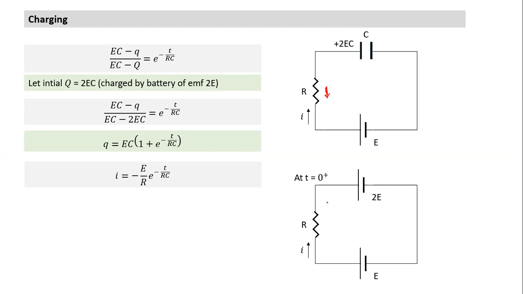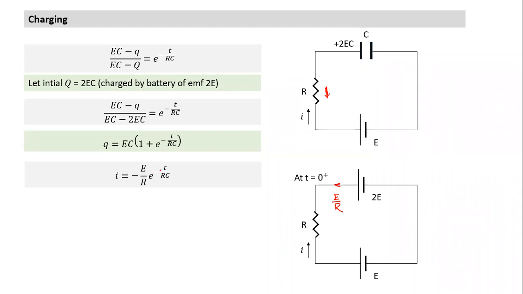When I visualize it like this, without going into mathematical derivation, very easily I can figure out that at time t equal to 0, the current will flow in this direction. Current at time t equal to 0 will be, applying Kirchhoff's loop rule, E divided by R. And when you look at this equation, that is why the minus sign shows current flowing in this direction.